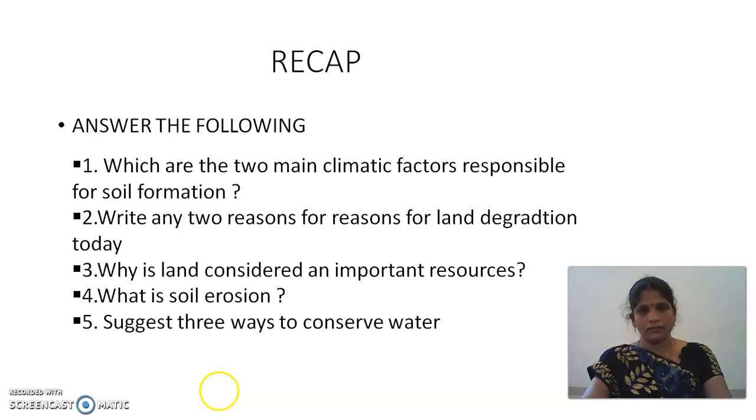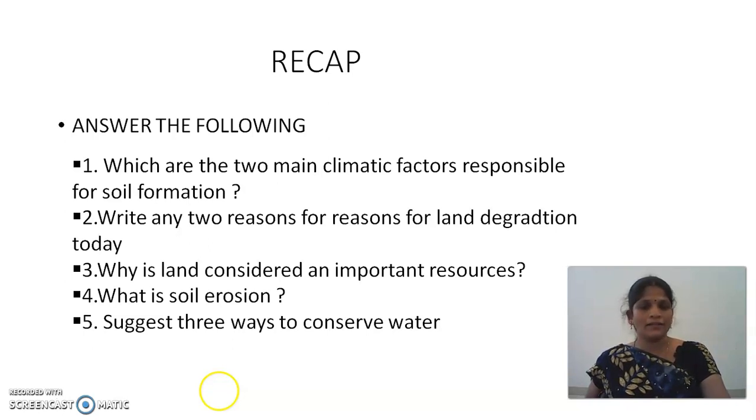Degradation means soil loses quality, so that is called degradation. What are the reasons for the degradation of soil? One is soil erosion, and we use a lot of pesticides and chemical fertilizers for our fields. That is also a major reason for land degradation.